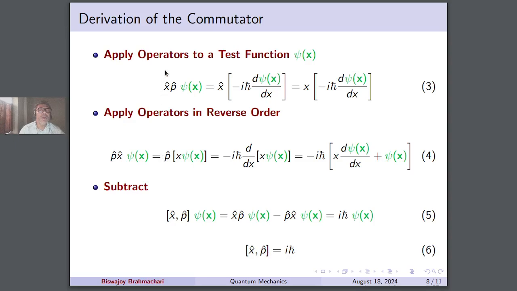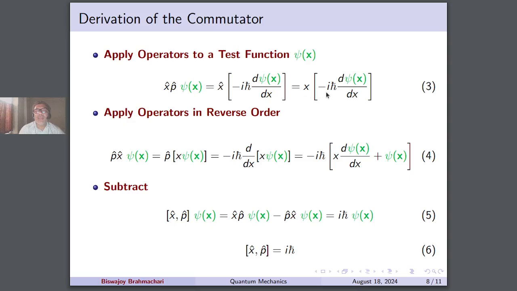Next, let us talk about the derivation of a commutator. So first, let us multiply x and p, xp in this order, and later we will multiply in this order, px. So when we multiply in this order xp, then first we have to apply p, so minus iħ d/dx on ψ, and then we have to apply x.